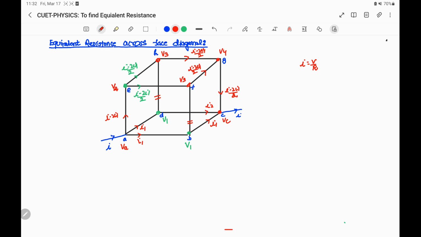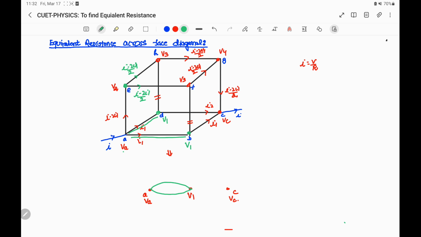So effectively, we can draw this figure using the potentials. This is the point A, which is at potential VA, and point C, which is at potential VC. Between A and C, there is a point with potential V1, and from VA to V1, there are two resistors. So these two resistors, or two edges, are in parallel.